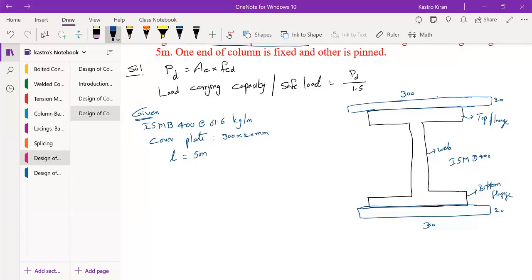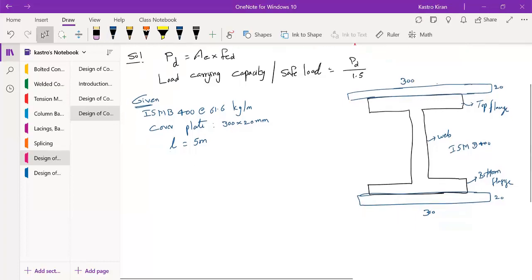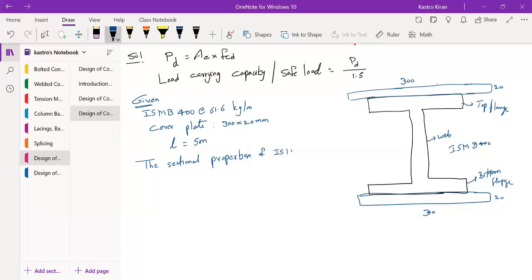So first, let's write the sectional properties of ISMB 400 at the rate 61.6 kilogram per meter.